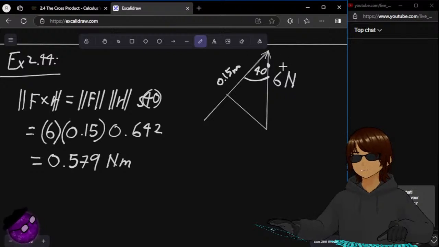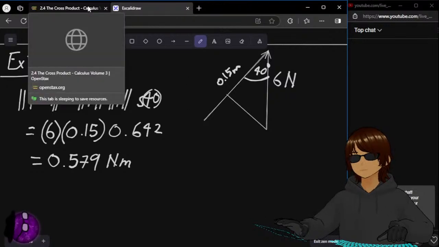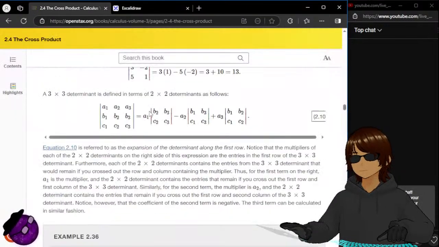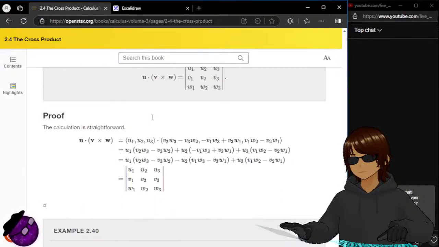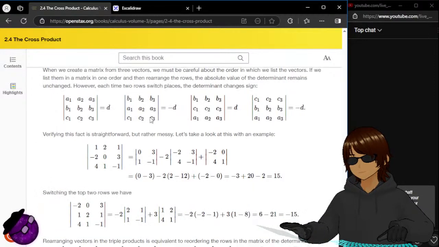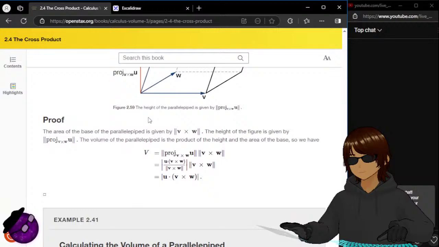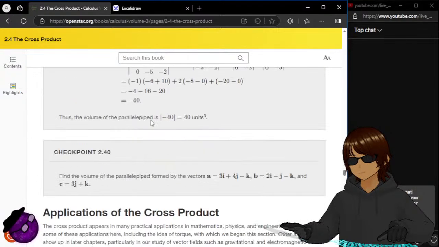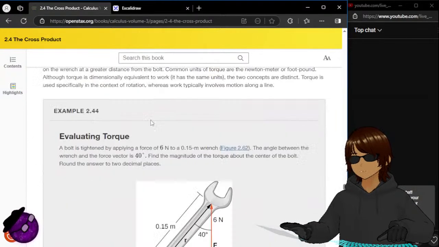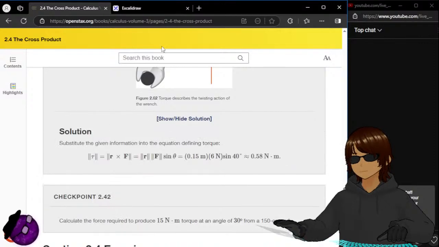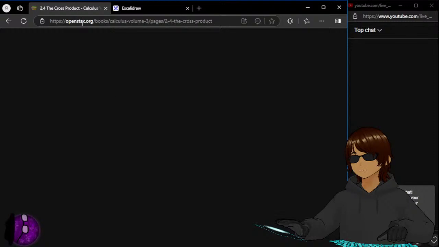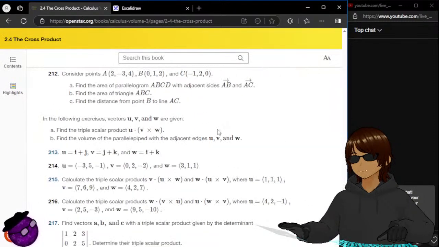So it's like this times this. Let's go back. 0.58 newton meter. Good.